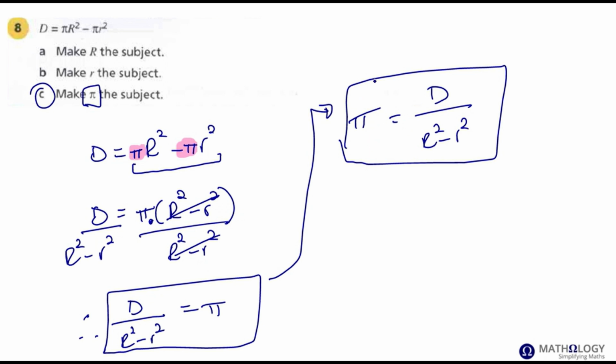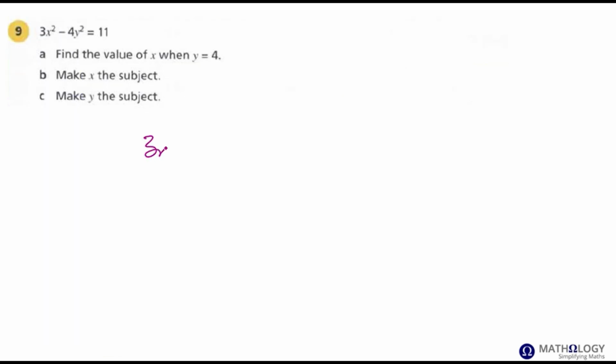We're given 3x squared minus 4y squared equals 11. We're required to find the value of x when y equals 4. Again, if the follow-up question is make x the subject, it's a bit of a nonsense question. It's far easier to make x the subject first and then find out what the value of x is given the value of y.